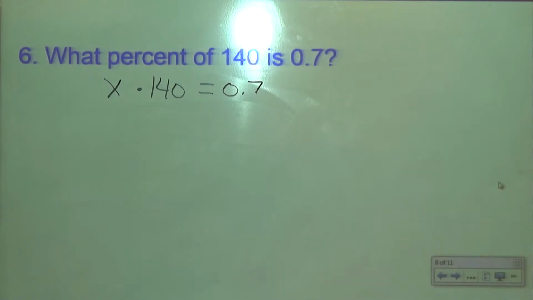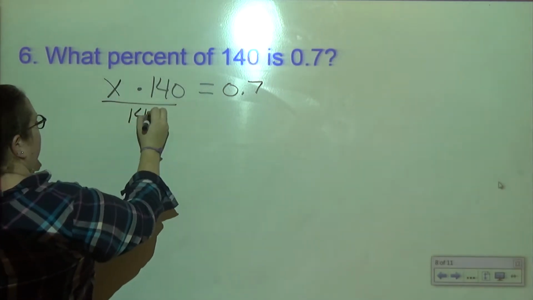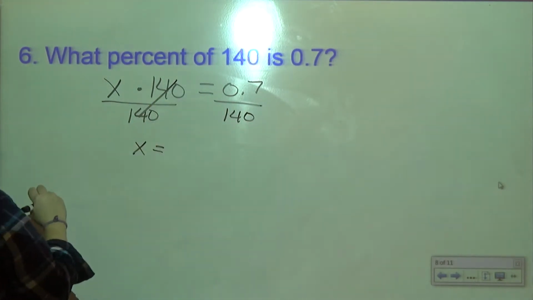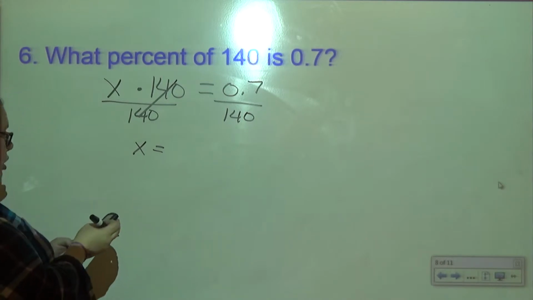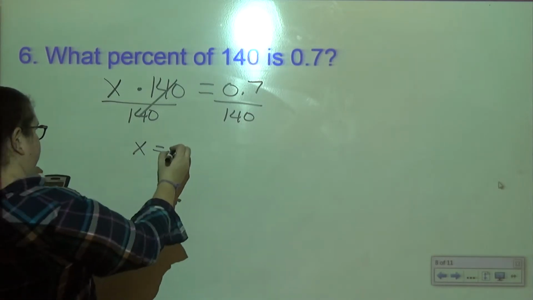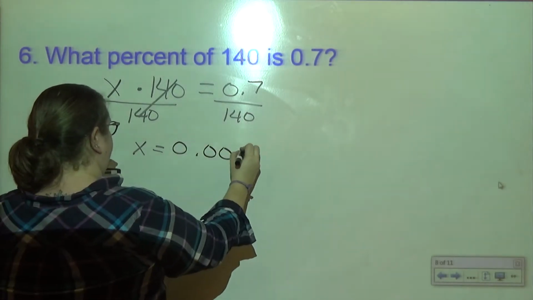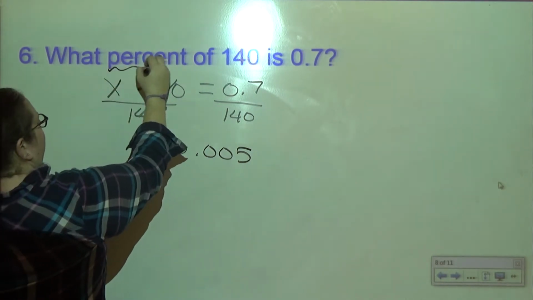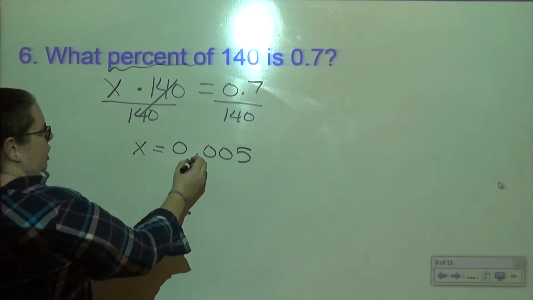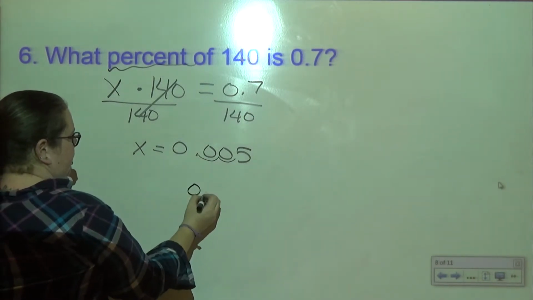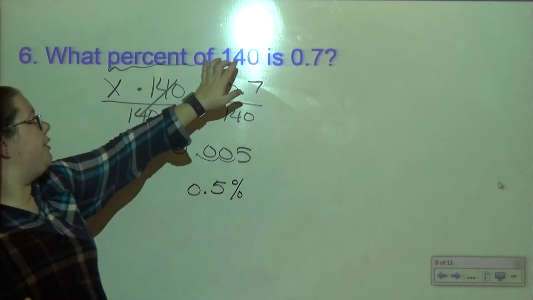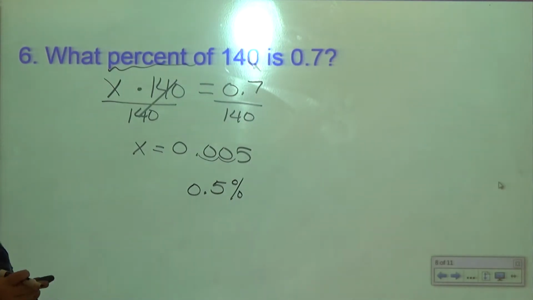So x and 140 are multiplying, so we're going to divide. 0.7 divided by 140 is 0.005. But it says, again, what percent? We now have to change this into a percent. So we move the decimal to the right. So the answer is 0.5%. So a very tiny percent of 140 is 0.7, which makes sense.